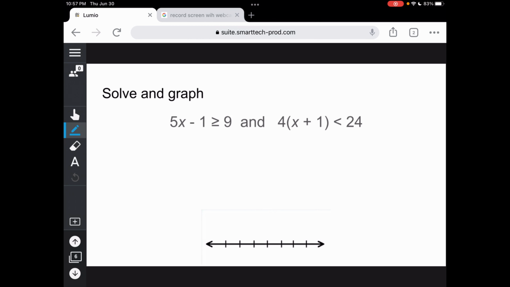Here we go. Let's add 1. 5x is greater than or equal to 10. Okay, divide by 5. X is greater than or equal to 2.